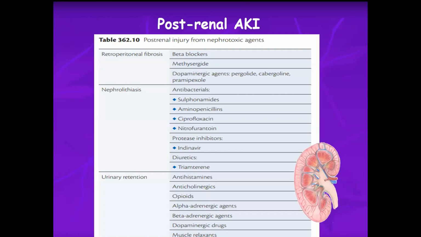Post-renal AKI, which is your obstructive uropathies, can happen at any part of the kidney.